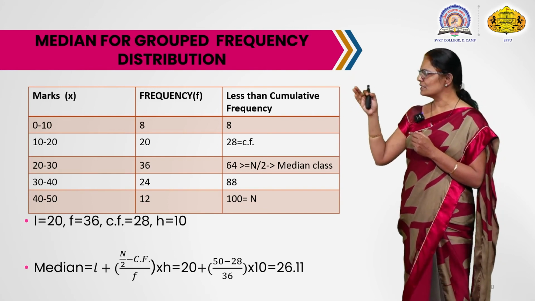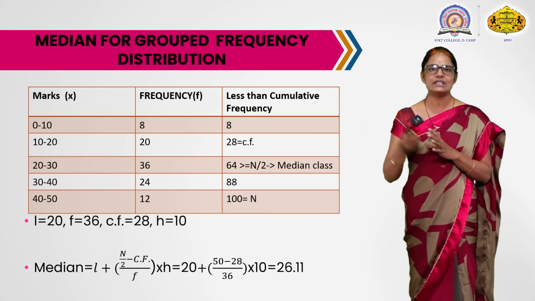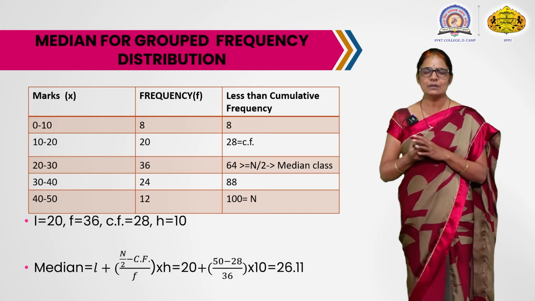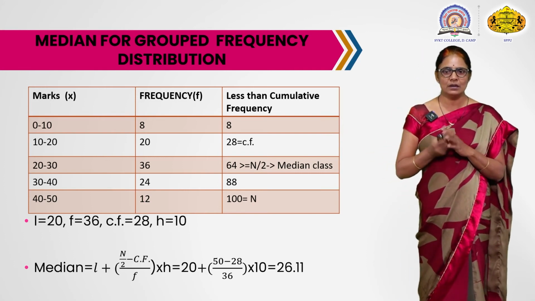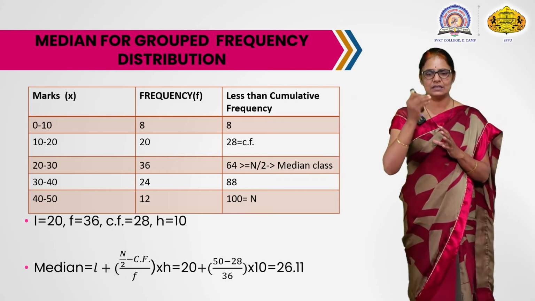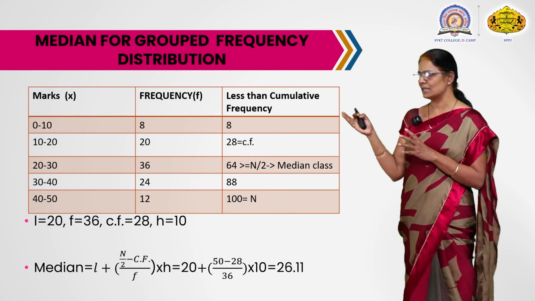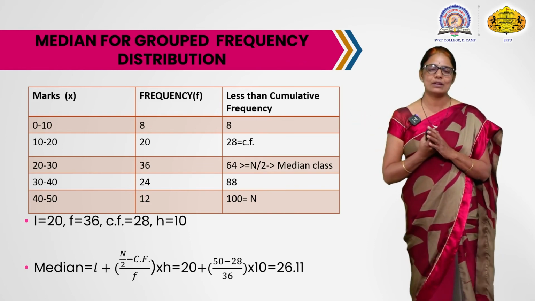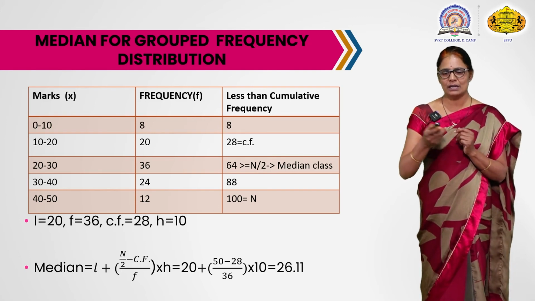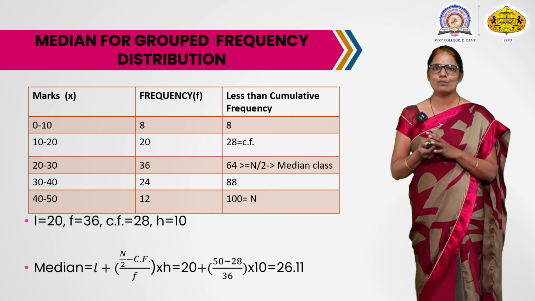So 100 upon 2 is 50, minus CF, the cumulative frequency, which is 28, upon f. f is the frequency of the median class which is 36, put the 36, into the width which is 10, and just do all this calculation using a calculator or manually. So you can easily check the median of the given data is 26.11.